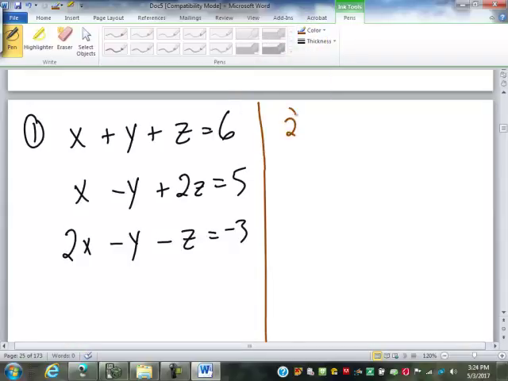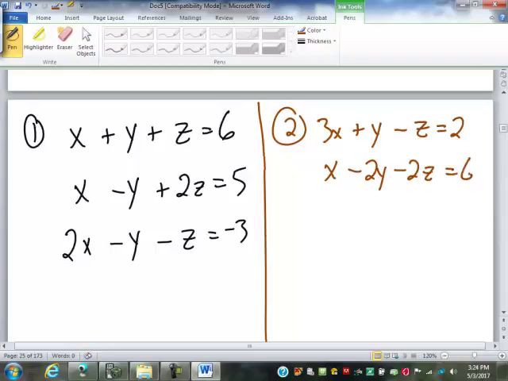And then number 2, 3x plus y minus z equals 2. X minus 2y minus 2z equals 6. And 4x plus y plus 2z equals 7.